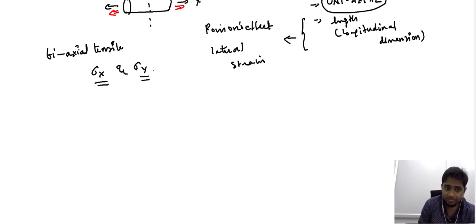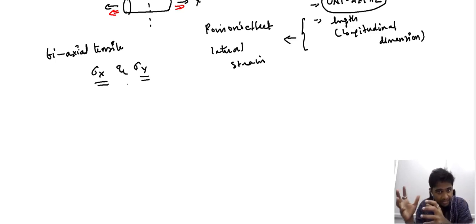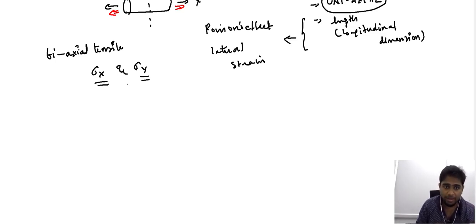The direct response was along the loading direction and the indirect response was in the direction perpendicular to the imposed load. Now in order to appropriately describe this direct and indirect response offered by the material, we considered parameters that involved two subscripts.